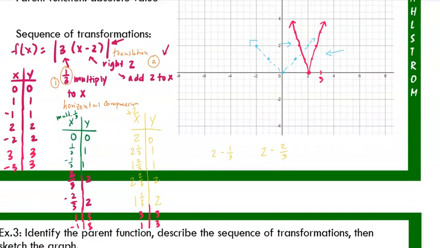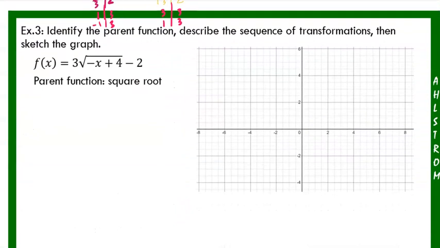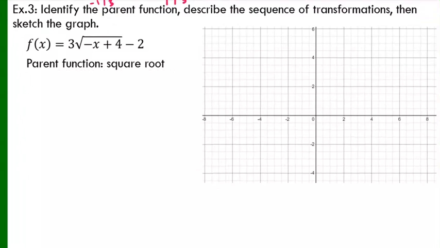Okay? Next problem. It says identify the parent function, describe the sequence of transformations, and then sketch the graph. So the parent function, we definitely know it's a square root function. Let's go ahead and rewrite it. And why do we need to rewrite it?